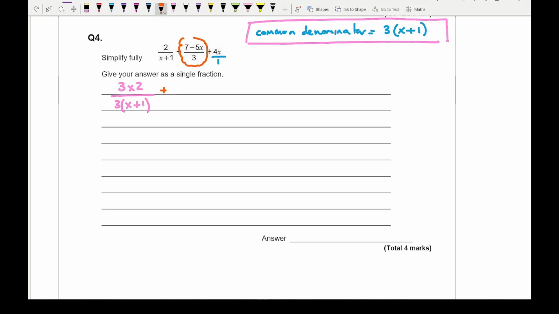So I'm going to multiply this second fraction by x plus 1, so that's going to be 7 minus 5x multiplied by x plus 1, and the denominator is going to be 3 lots of x plus 1. Then for the third fraction, to get a denominator of 3 times x plus 1, I need to multiply both top and bottom by 3 lots of x plus 1, so that's going to be plus 4x multiplied by 3 times x plus 1 over 3 lots of x plus 1.